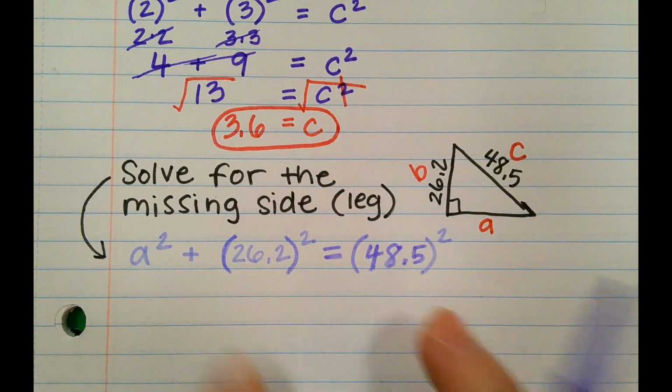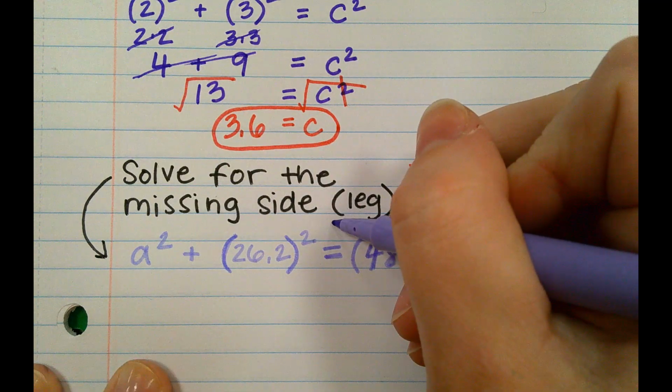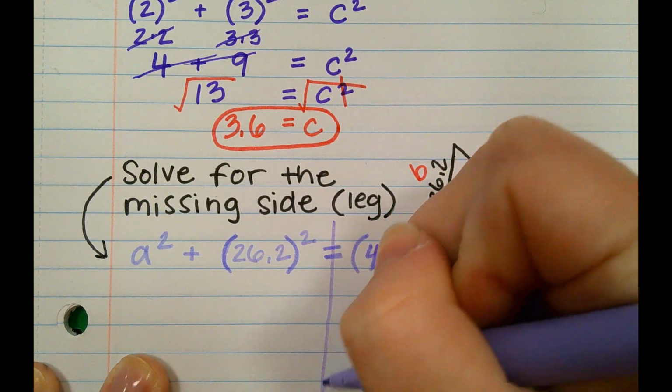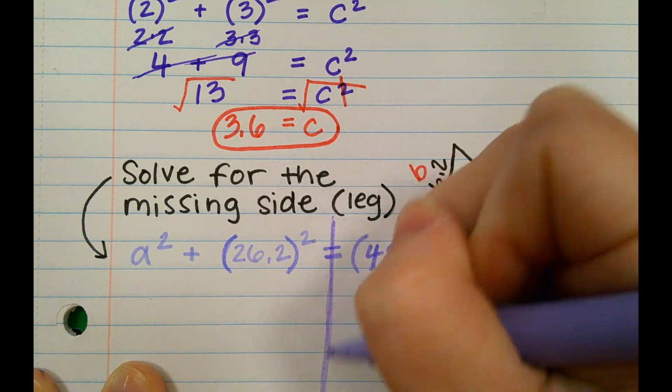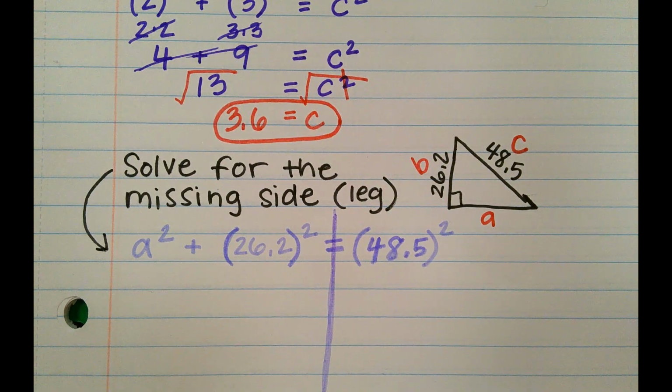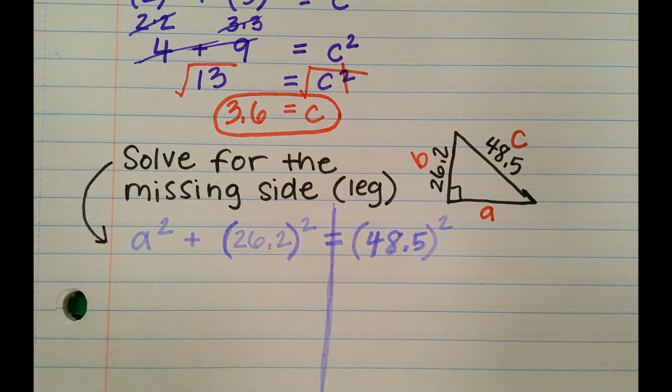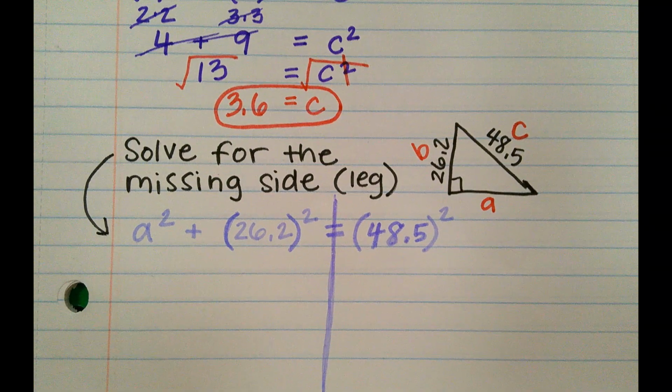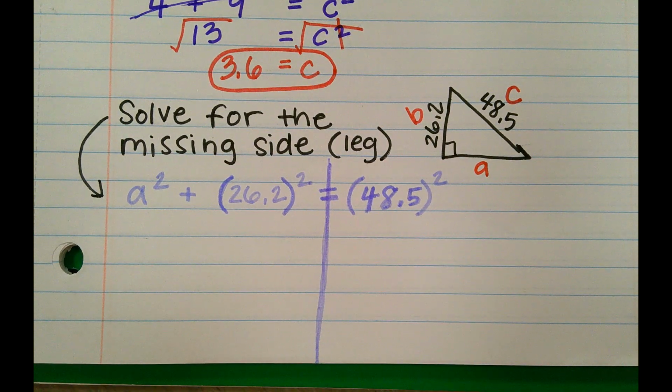And whenever we have more complex things where we're going to have to move stuff around, I like to draw that line through my equal sign to keep myself organized. So once we have things plugged in, can we simplify anything before I start moving things around?